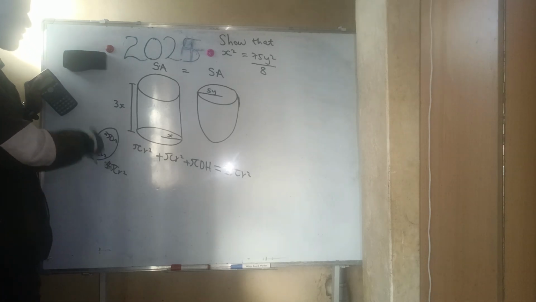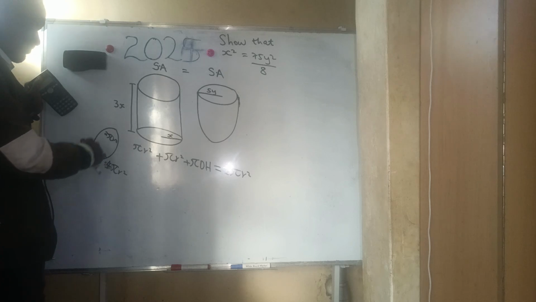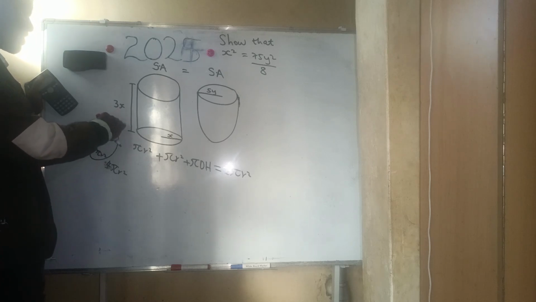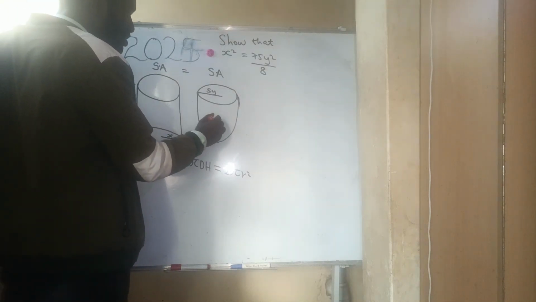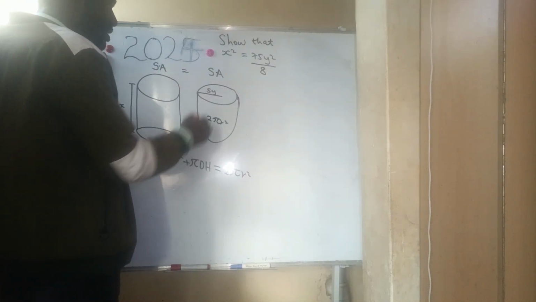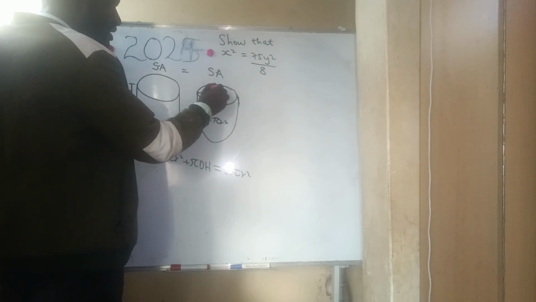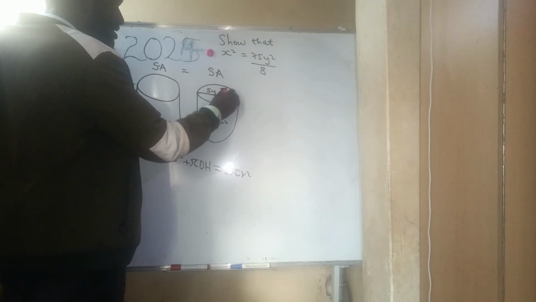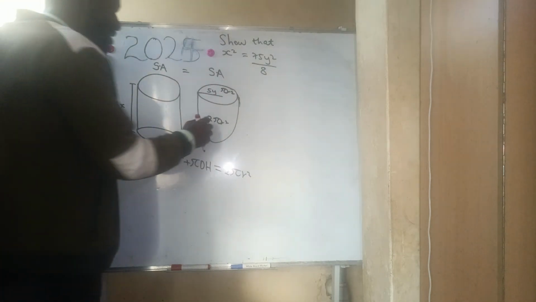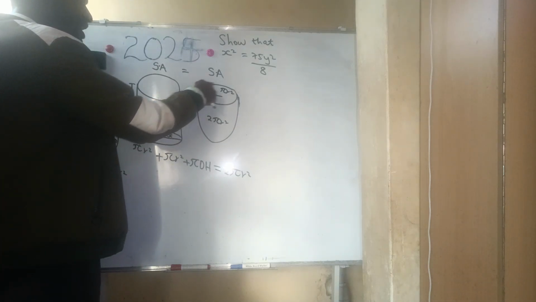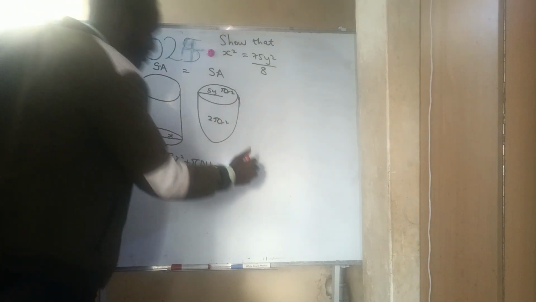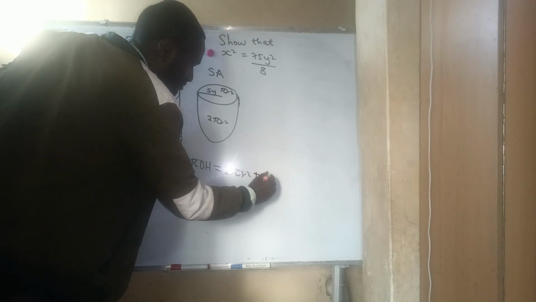When put together, they will give us what we call a sphere. So a hemisphere is 2 pi r squared, another hemisphere 2 pi r squared, and the total surface area of the sphere is 4 pi r squared. What about the top part, which is also circular? You can take it to be pi r squared. So the curved surface of that hemisphere is 2 pi r squared, plus the area of the circular part, which is pi r squared.